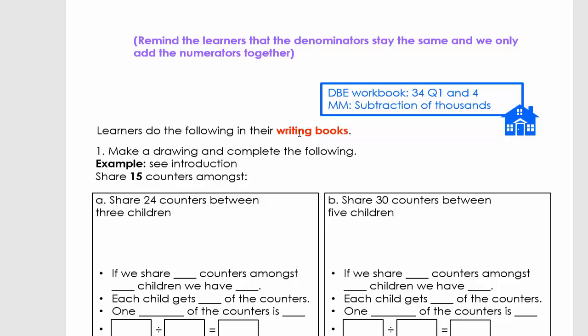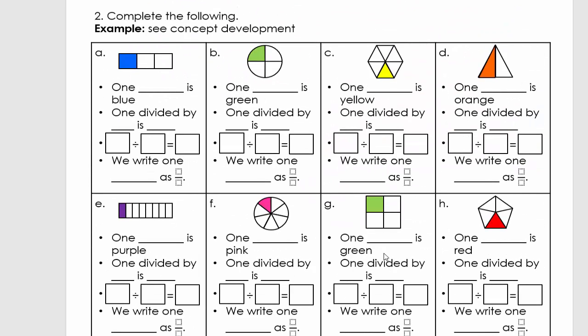Okay, welcome back. So what you're now going to do is you're going to do the activities in your writing book. So these first 2 have to do with the fraction of a number. So you're going to follow these questions or guidelines, and you're going to complete it. It's similar to the first activity we did in this lesson. Then this is also similar to what we have done.